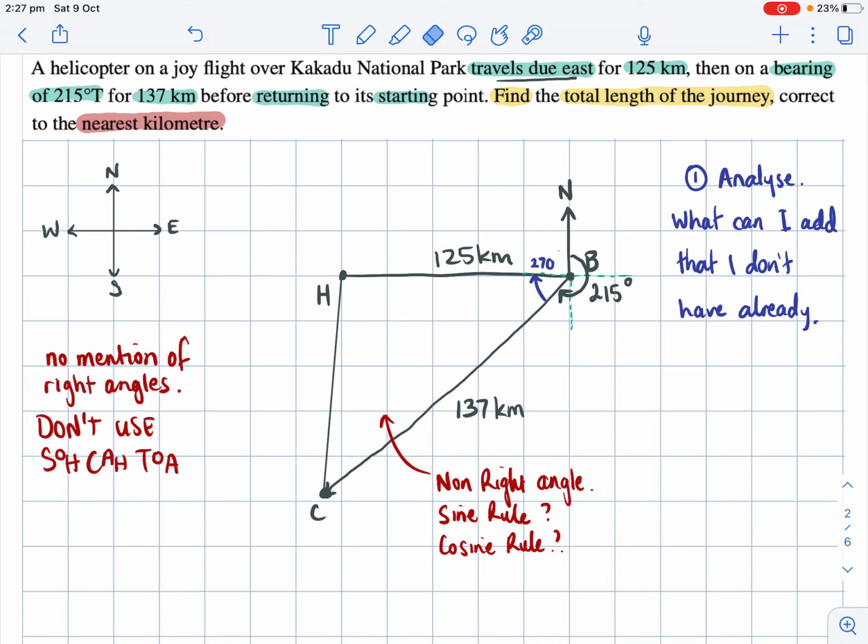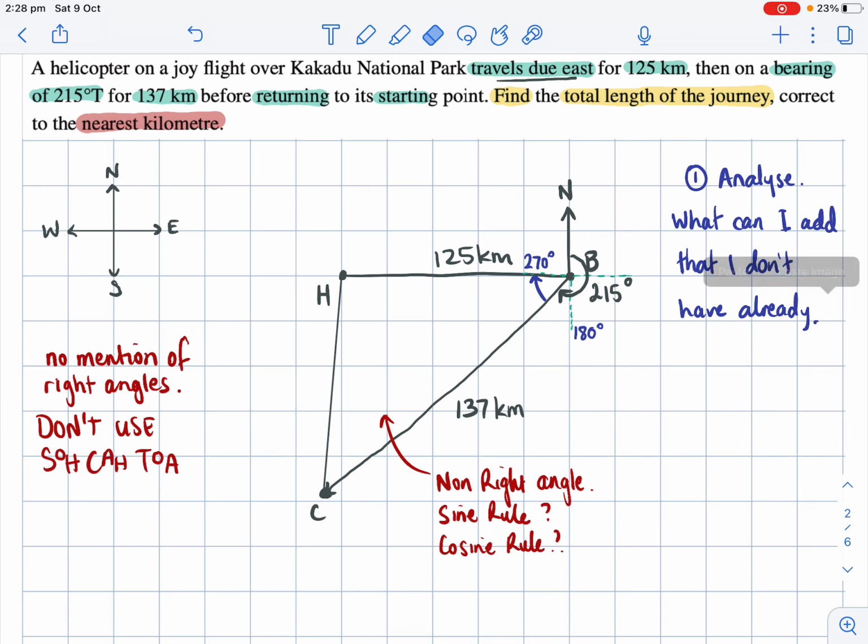That angle has to be the difference between 215 and 270 degrees. So let's work out what is the difference between 215 and 270 degrees. I might actually just leave that 270 degrees on the diagram. I'll put this 180 on the diagram. Sometimes it would be useful to find that angle in there as well, but in this case it's not, because that angle is not in my triangle.